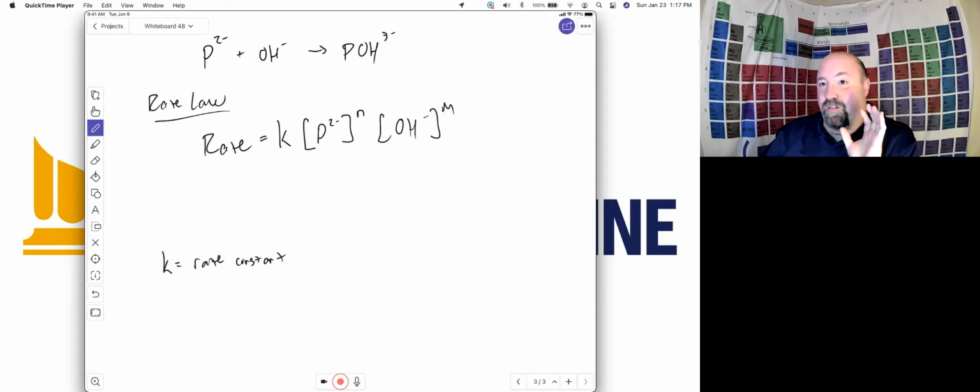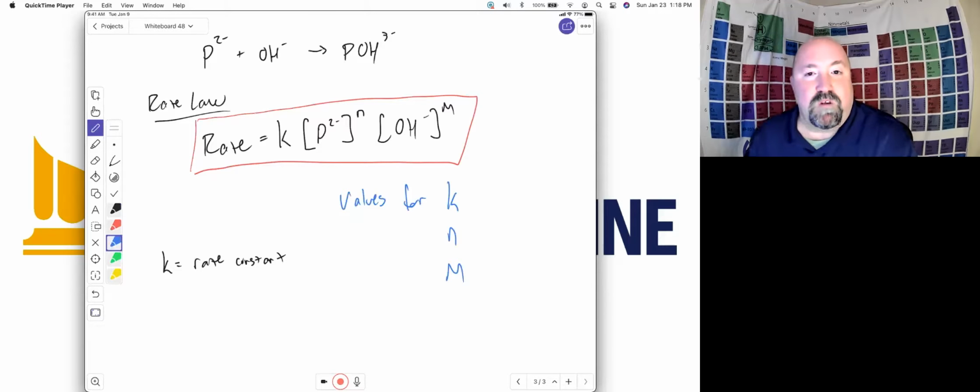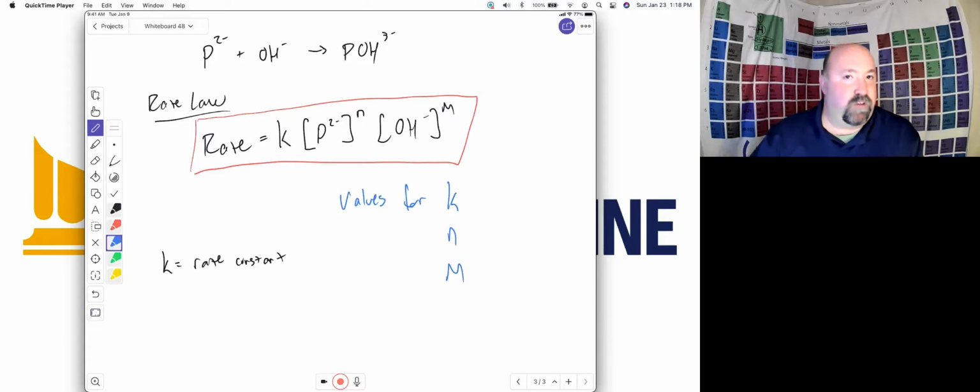Again, some of that might make a lot more sense when you get deeper into things in the lecture. We're not going to get too deep into it here, except again, to just note that this is really what we're trying to find for this reaction: the rate law, which means that we need to find our actual values for k, n, and m, so we can have our full rate law for this particular reaction.